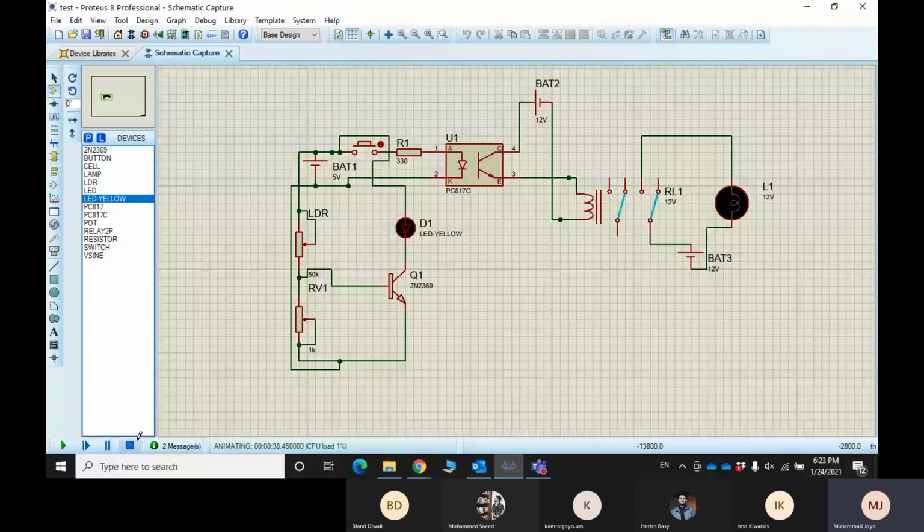But instead of it, we can attach a variable resistor over here instead of the LDR and work it as an LDR. All right. So let's see when we can turn on this resistance.